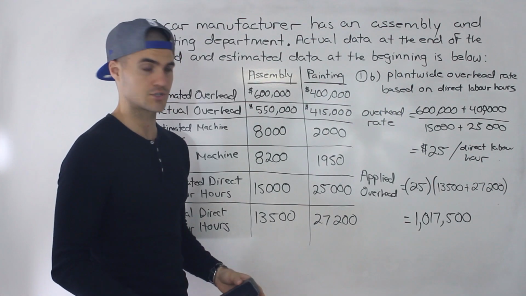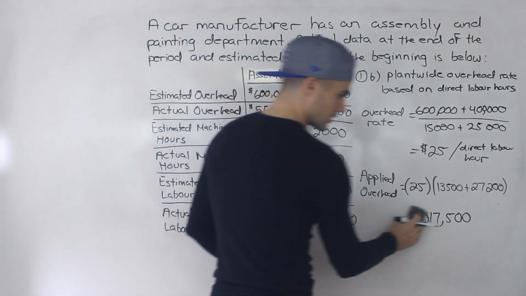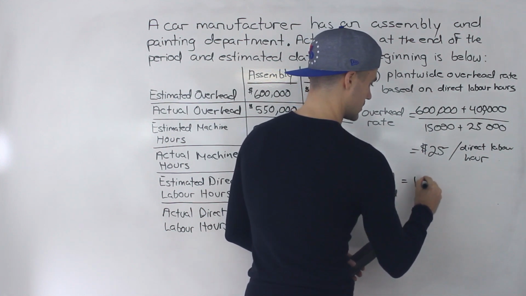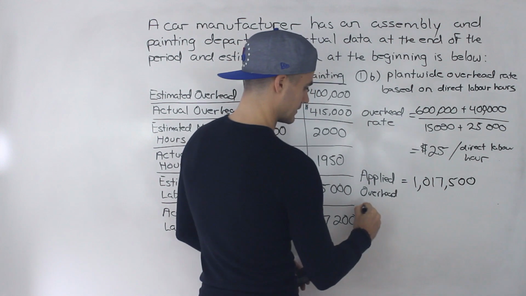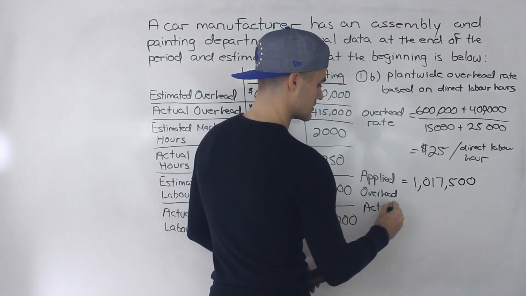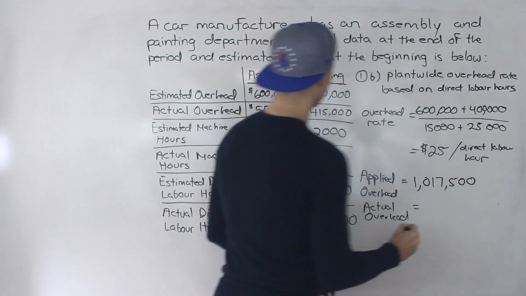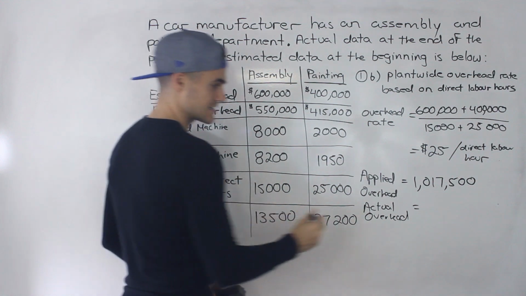When you do that calculation, you get 1,017,500. So that is the applied overhead. And the actual overhead, same as the other question, is already given, which is these two added up: 965,000.